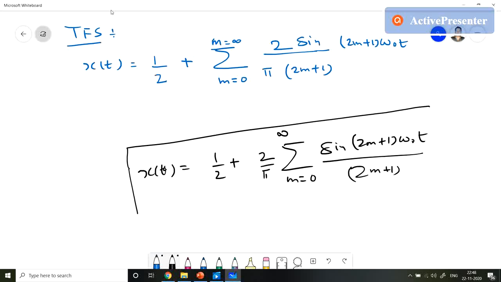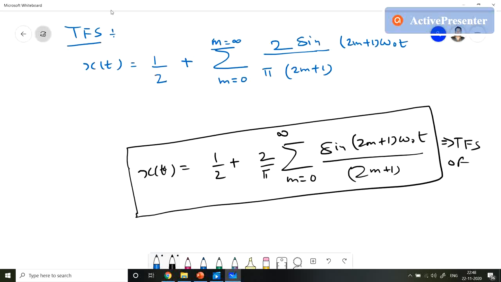So this is the trigonometric Fourier series for a periodic square wave.